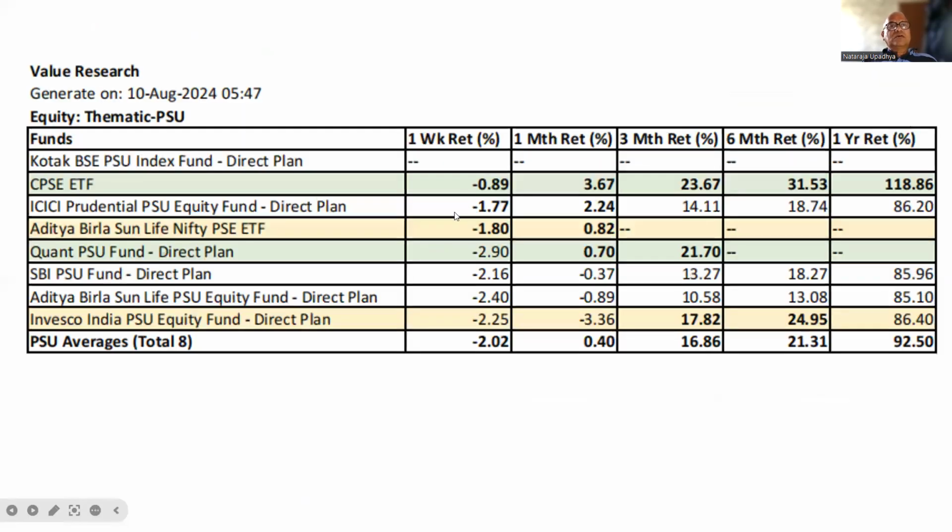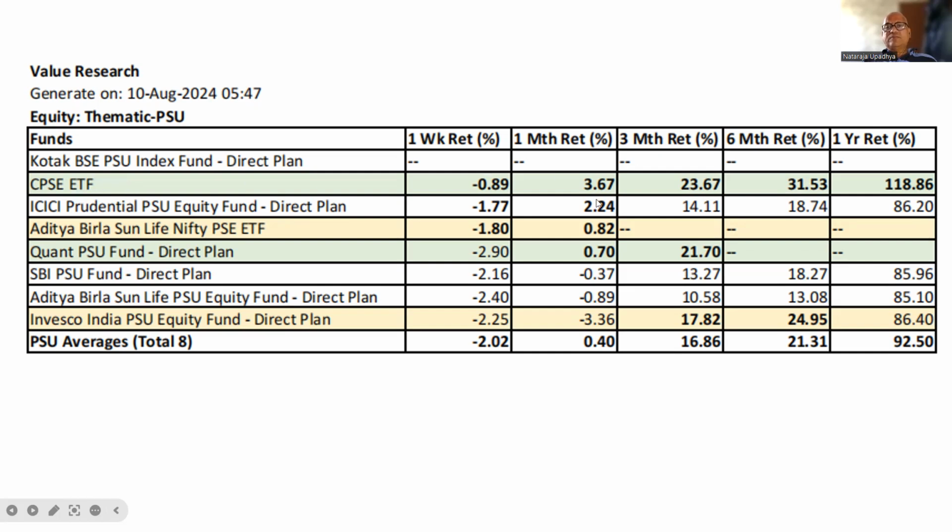Now let us go to the third one, which is the PSU funds. PSU funds did extremely well on an annual basis, but in the last 1 week they have corrected, and so their monthly return also is subdued. Let us see the funds that are in green: CPSE ETF and Quant PSU fund.